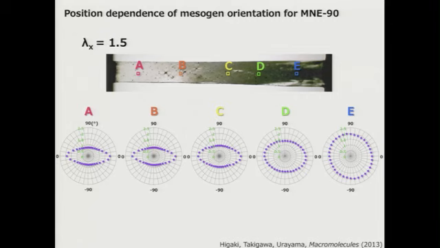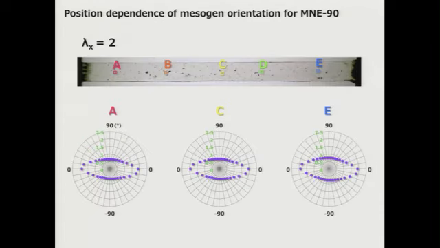And this is the data of the 50% stretch. Now at position A, director rotation is completed. And here at position E, the pattern becomes isotropic. In the case of 100% stretch, now at all the positions, director rotation is completed.